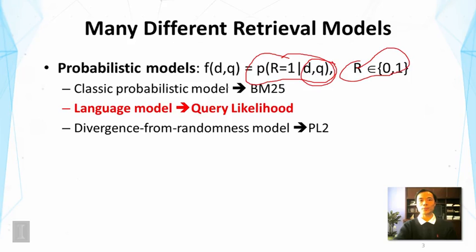In particular, we're going to discuss the query likelihood retrieval model, which is one of the most effective models in probabilistic models. There is also another line called a divergence from randomness model, which has led to the PL2 function. It's also one of the most effective state-of-the-art retrieval functions.